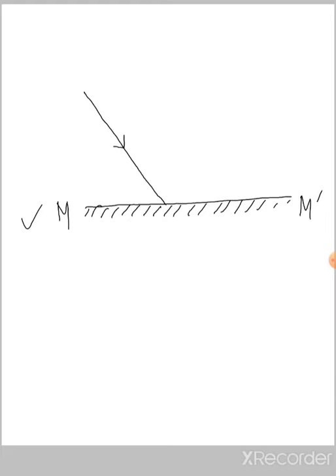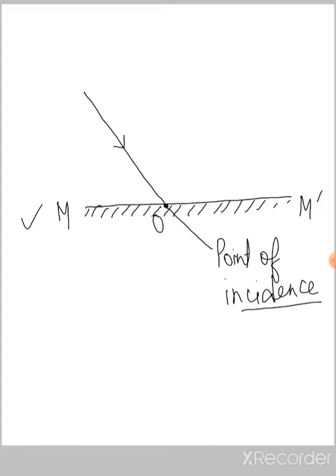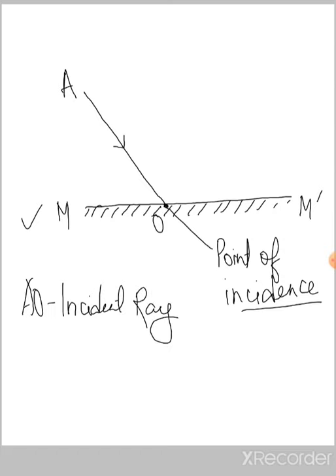All right. So here, this ray is incident at this point. This point is denoted by O, which is called the point of incidence. What do we call it? Call it the point of incidence. Okay, and this ray AO is called the incident ray, the ray which is incident on the reflecting surface.